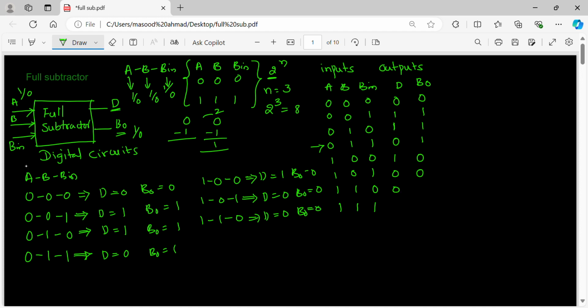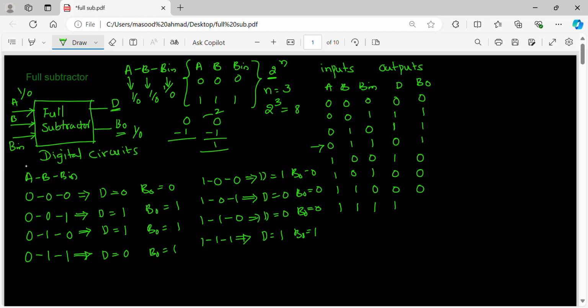Then 1 minus 1 minus 1. 1 minus 1 is 0, then 0 minus 1: difference is 1 and borrow out is 1.